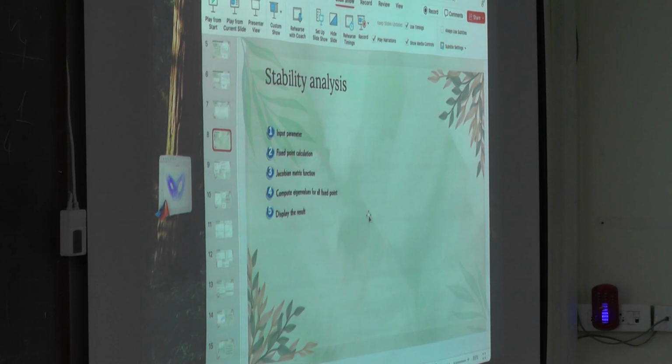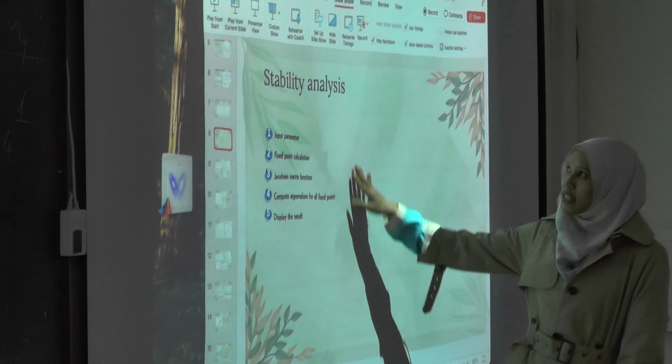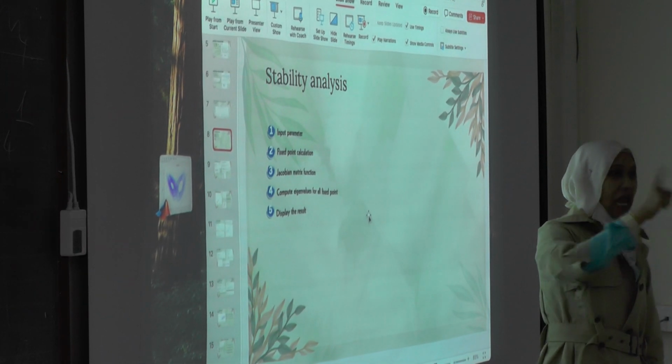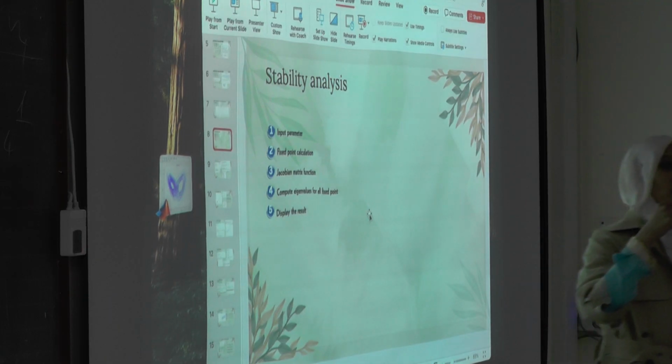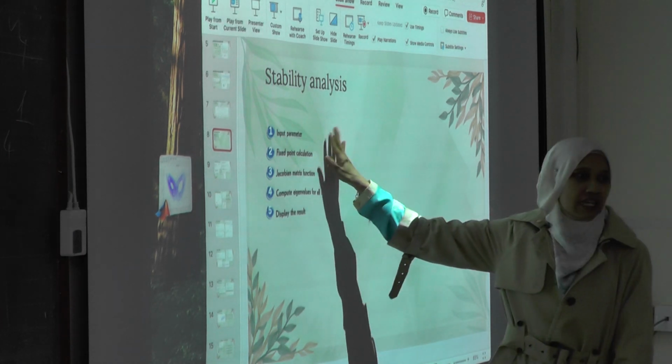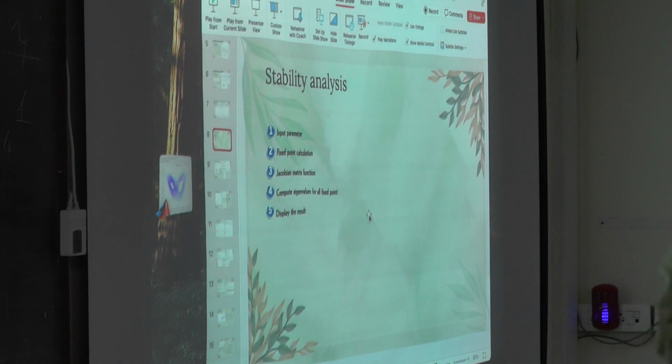In the next part, I want you to do stability analysis. For the stability analysis, what we are looking for is eigenvalues. Before we get the eigenvalues, we need to find the fixed points. Do you remember the fixed points we did in class?